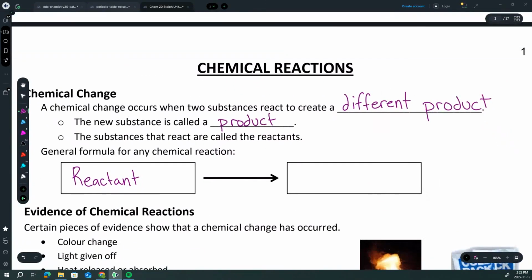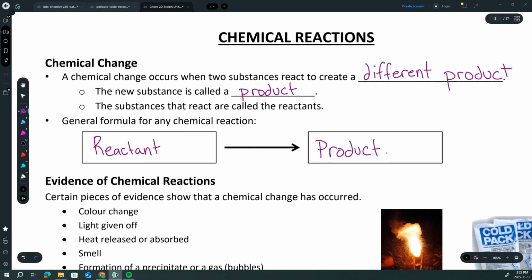And products are always on the right-hand side of the reaction arrow. It's important that you understand reactants are on the left-hand side of the reaction arrow and products are on the right-hand side.